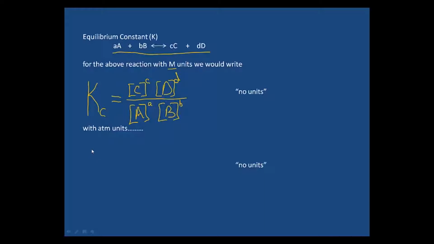We could also write equilibrium constants in terms of pressures. If you have a gas equilibrium, you have the partial pressures of your gases that are products and gases that are reactants, and we would take the same approach. We'll write the equilibrium constant with respect to pressure.